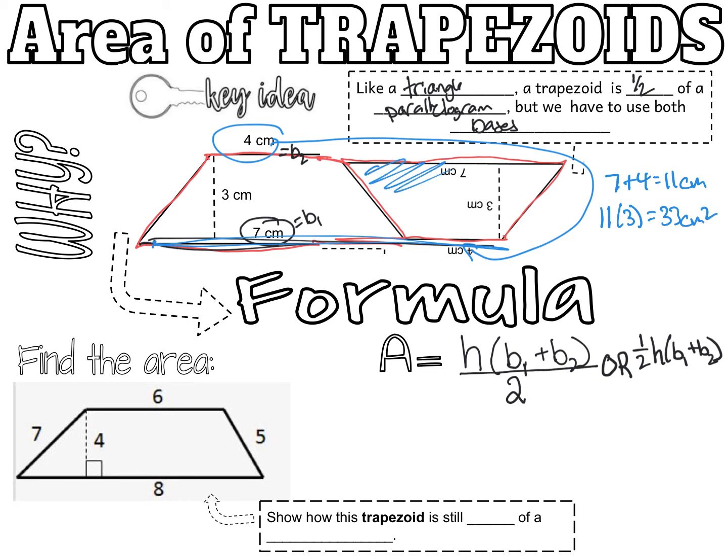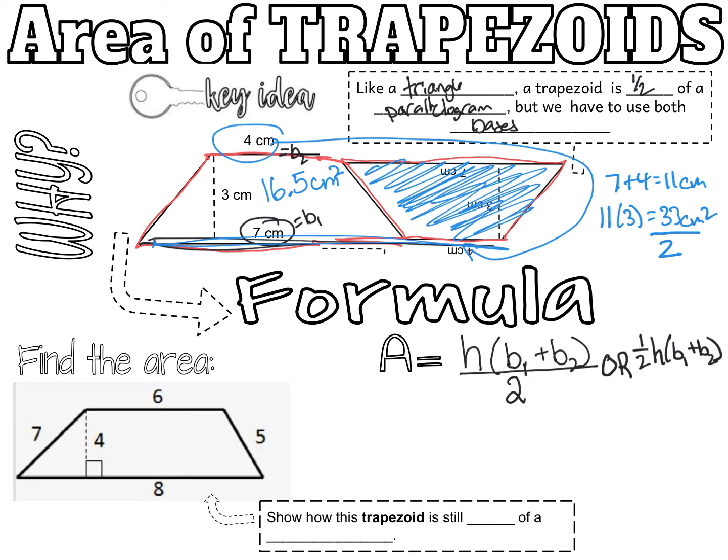But this part of that parallelogram doesn't actually exist, so we need to take that area and divide it into 2 parts. So 33 divided by 2 is going to be 16.5. So the area of our trapezoid here ends up being 16.5 centimeters squared.